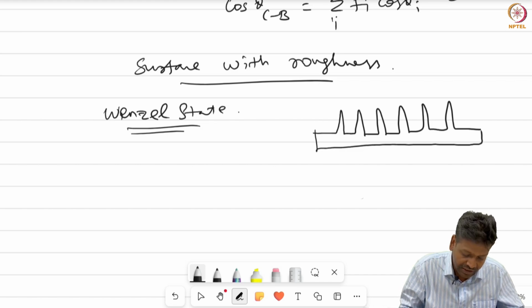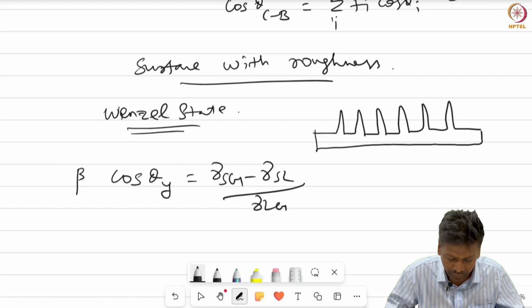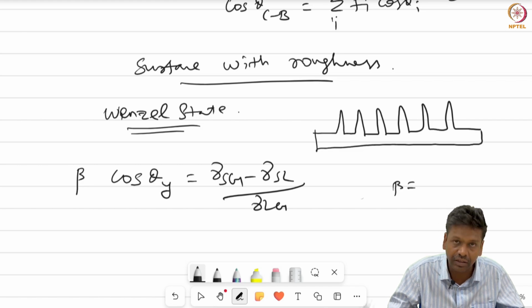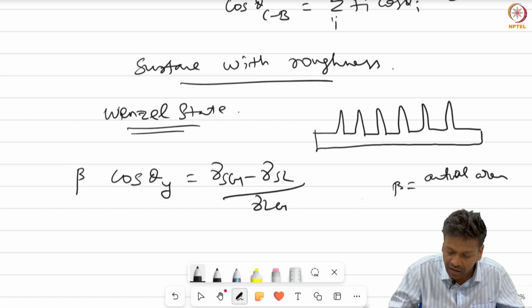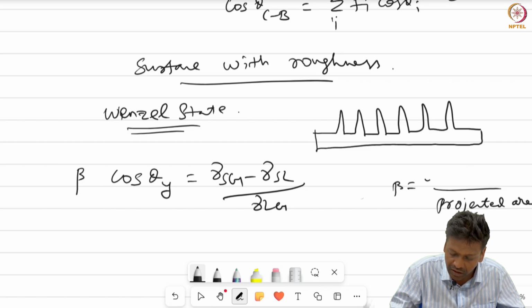Okay, so Wenzel says that you can use the Young equation as it is, but with some correction factor, which is nothing but beta. So beta is nothing but the ratio of actual area to the projected area.